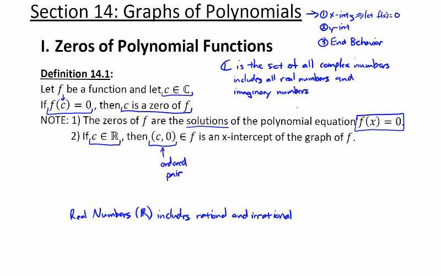And that ordered pair represents the x-intercept. So that's where we're going to be going with this. We're going to be learning about zeros, and any of the zeros that are real are going to get to qualify as being an x-intercept. Anything that's imaginary or complex, we are not going to worry about trying to graph those because they don't fit on the real number line that we use here in class.